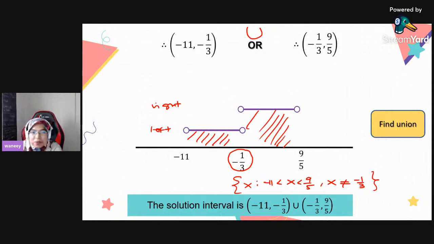So since both of them reject the same value, you cannot choose to have negative 1 over 3. So tak boleh pilih lah sebab dua-dua reject nombor yang sama. Kalau salah satu terima kita okey lagi. Kalau salah satu tu ada, maksudnya sebab dia atau, sama ada A guna atau B guna. Yang ni A tak nak, B pun tak nak. So tak boleh lah nak guna dua-dua.